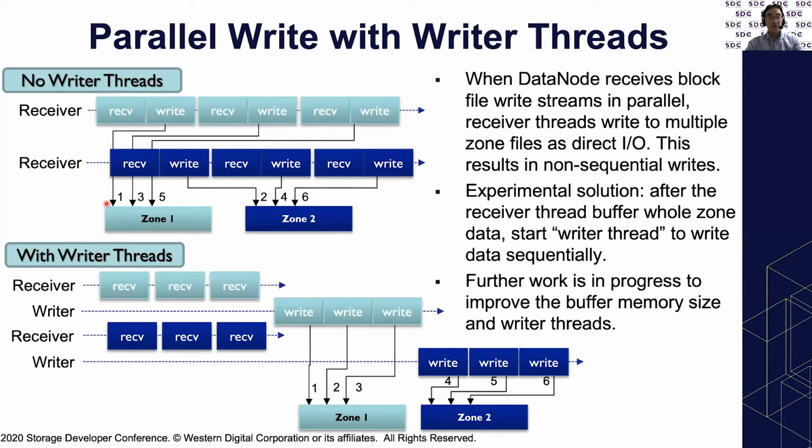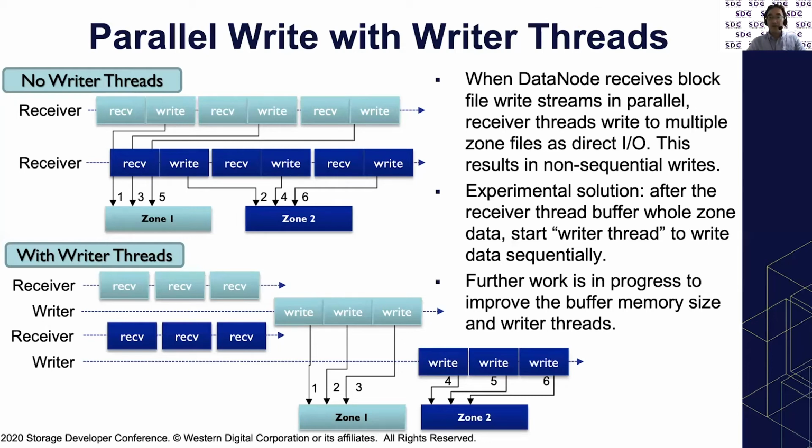First packet is written to this zone 1, second packet to this zone 2, third packet to zone 1, fourth packet to zone 2, fifth zone 1, and sixth zone 2. This results in non-sequential writes across zones. It still does not cause write failure, since writes to each zone are sequential.